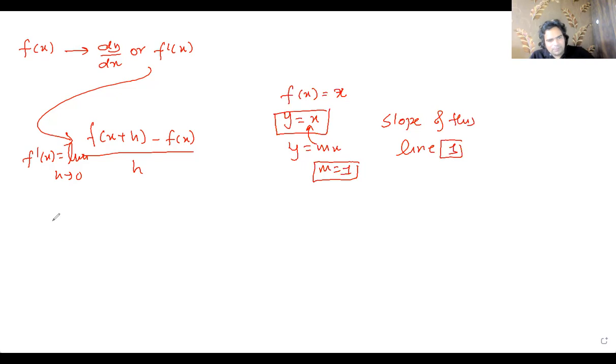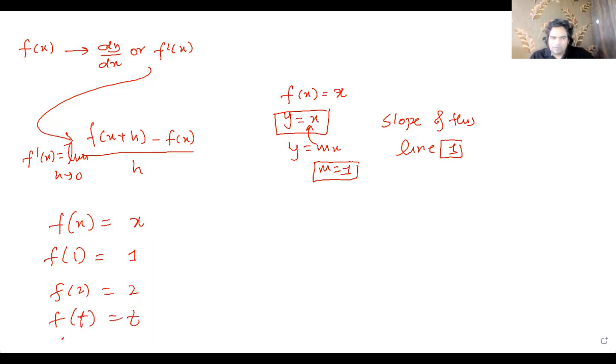First, f of x has been given to us as x. Just randomly, to refresh the knowledge of functions, f of 1 will be 1, f of 2 will be 2, f of t will be t, and f of x plus h is, in place of x, you replace x plus h. So my f of x plus h value is nothing but x plus h itself.